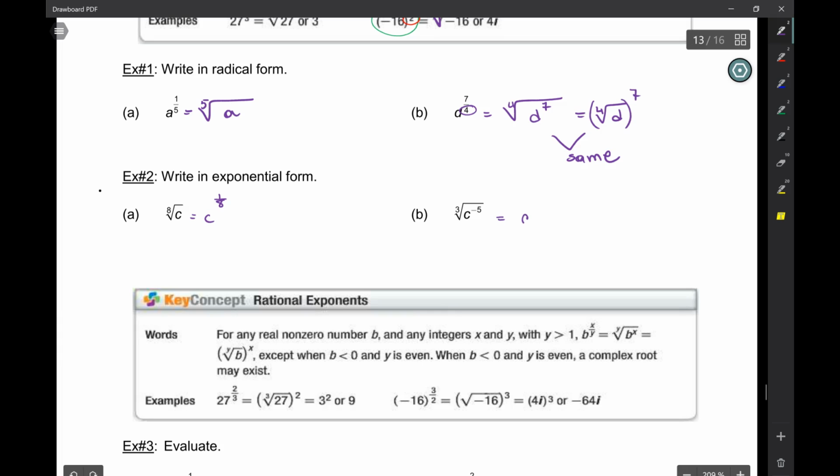What about this one? c to the power of -5/3. Am I allowed to leave it that way? No, because I'm not allowed to have negative exponents. If I have a negative exponent, it has to be 1/c to the what now? 5/3, positive 5/3.